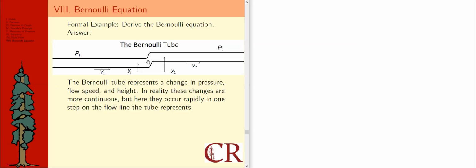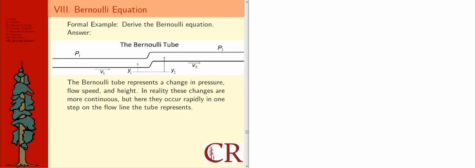On one side there's a pressure P1, flow speed V1, and height Y1. And on the other side there's pressure P2, flow speed V2, and height Y2. Y1 and Y2 are both measured in relation to a reference height that represents 0 for that height. It's the vertical arrow that represents Y1 and Y2 respectively.